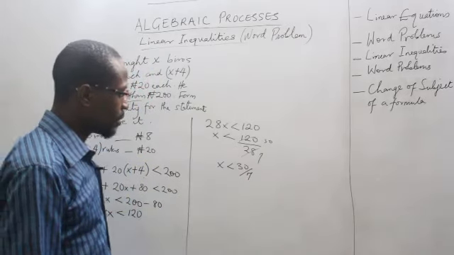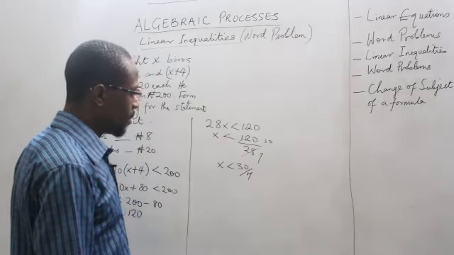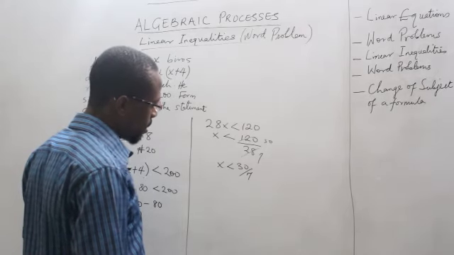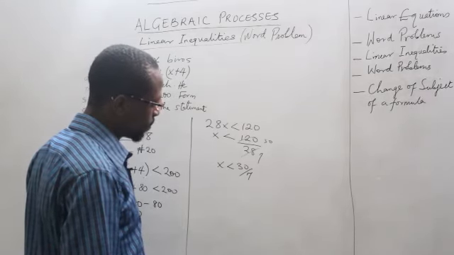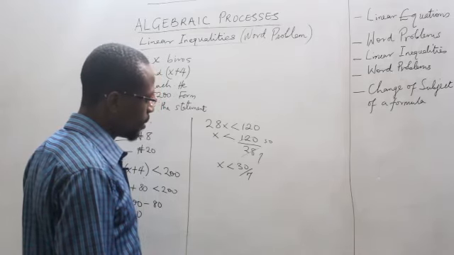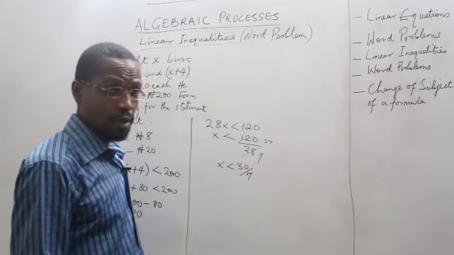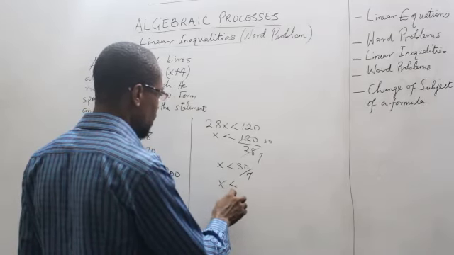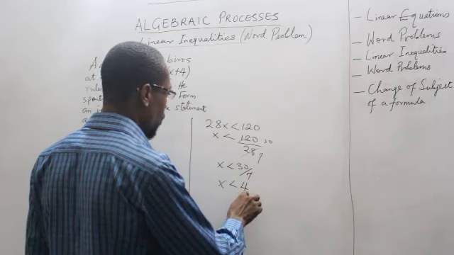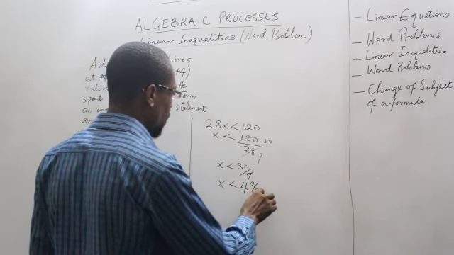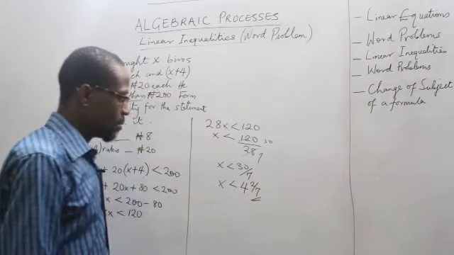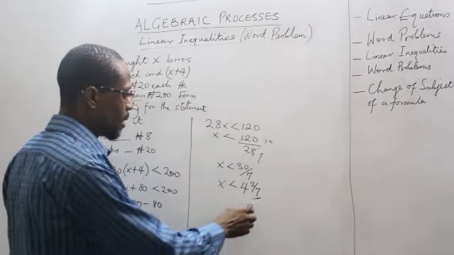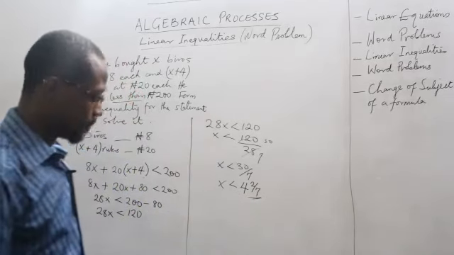If we break it down a little bit further, that would give us 4 whole number 2 over 7. So x is less than 4 whole number 2 over 7. That's our final answer.